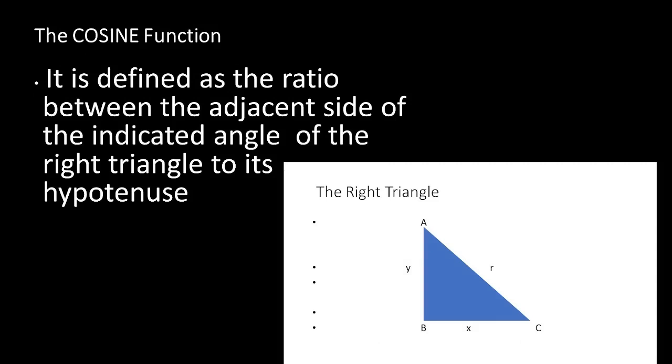We now come to the cosine function. The cosine function is defined as the ratio between the adjacent side of the indicated angle in the right triangle to its hypotenuse.